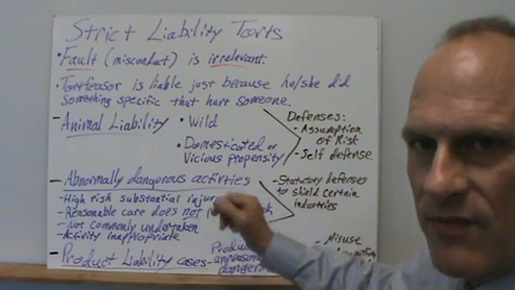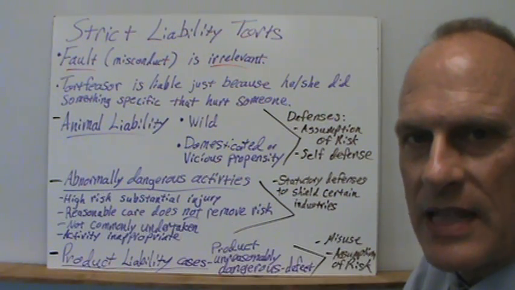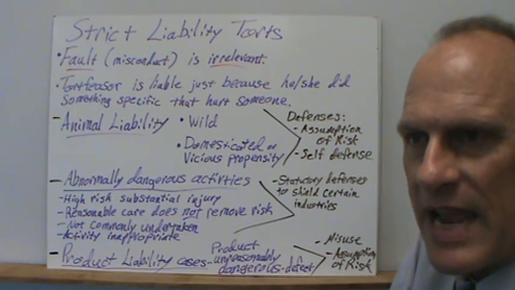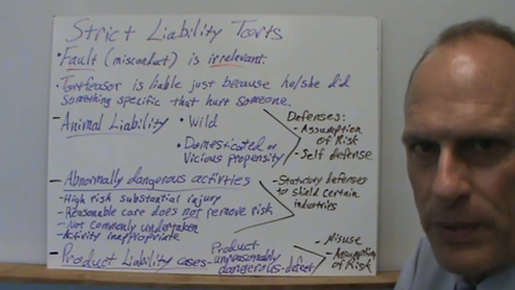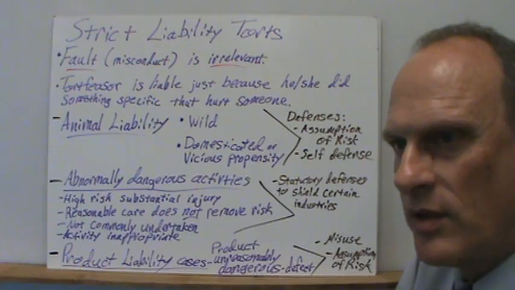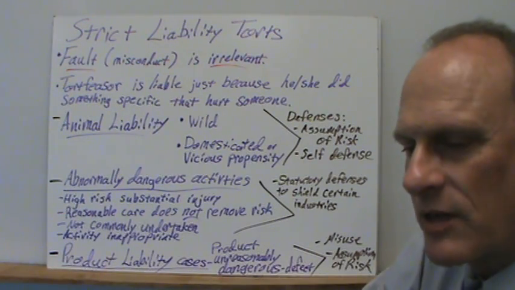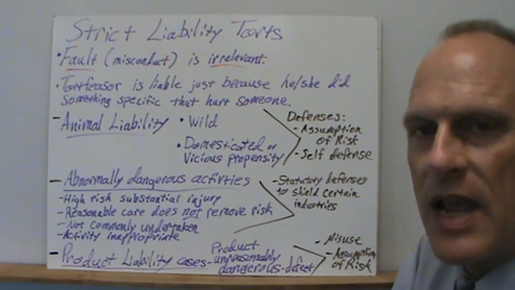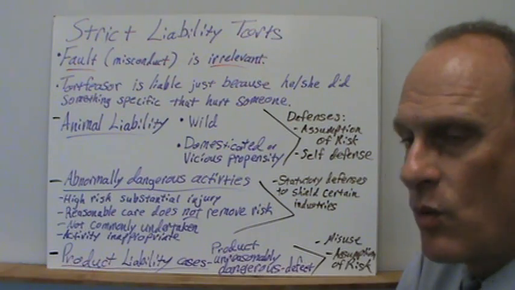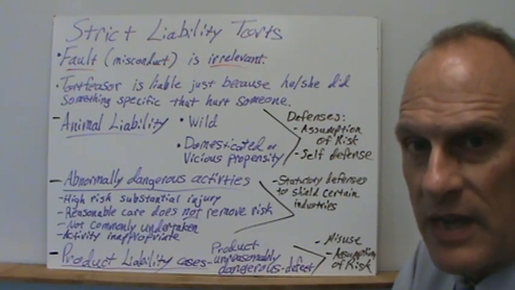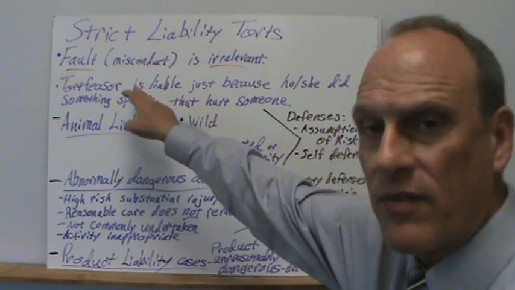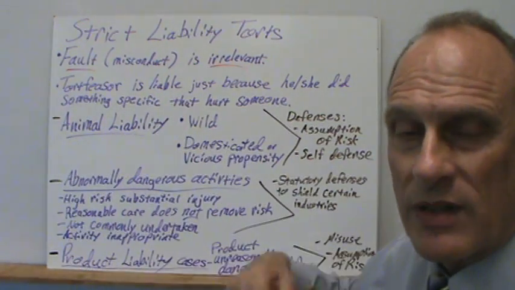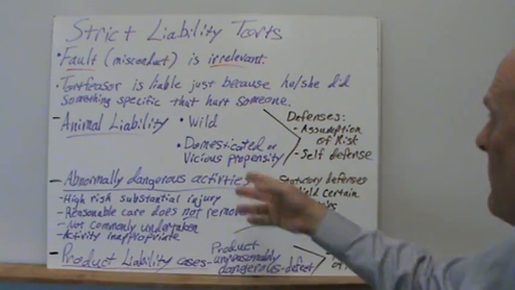Same thing may apply in various jurisdictions to domesticated animals that specific animals have shown vicious propensities. And so if the owner is on warning, on notice that their particular animal is a dangerous animal and someone gets hurt, we don't worry about whether the owner was being careful or not, whether they're at fault for anything. They're just strictly liable because their animal hurt someone.